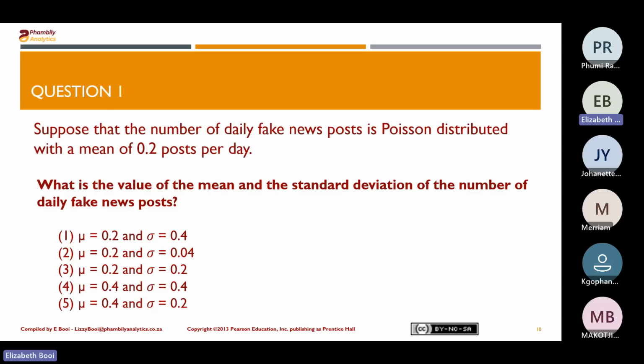What is the value of the mean and what is the value of the standard deviation of the number of posts? Remember, your mean is your lambda, and your standard deviation, which is sigma, and I'm giving you answers, is the square root of your variance.